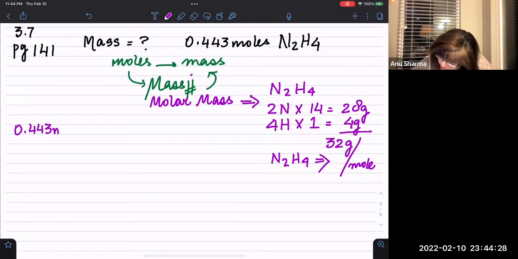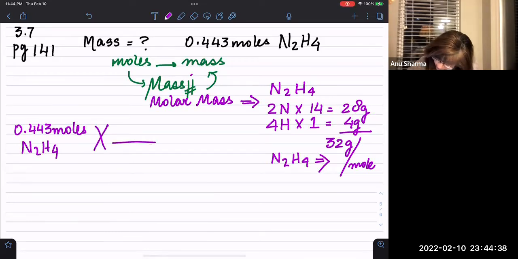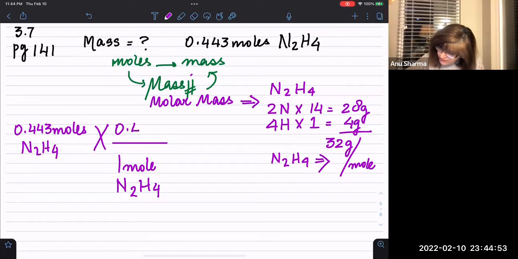Now you are given 0.443 moles of N2H4, times the molar mass. So 1 mole of N2H4 in the denominator, and in the numerator is the mass, 32 grams of N2H4.